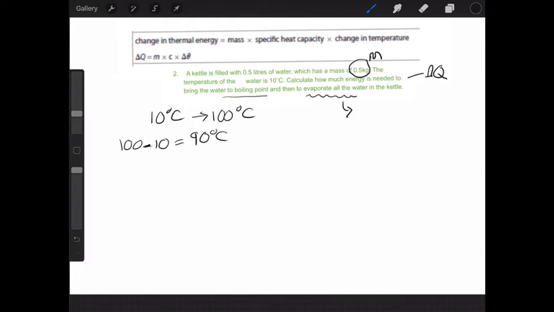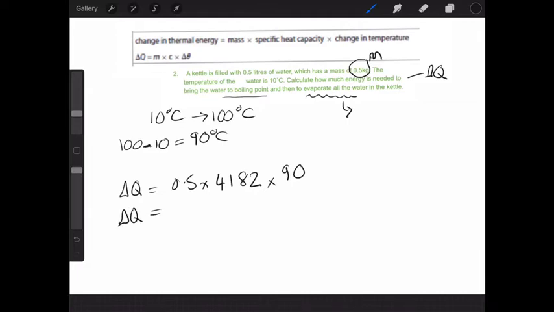Right, we have got delta Q. The thing we're trying to find out will be the mass, which is a half, times the specific heat capacity of water, which I reminded you a little while ago, but I should remind you again, is 4,182 joules per kilogram degrees Celsius. And we need to times that by the 90 degrees that we worked out, don't we?